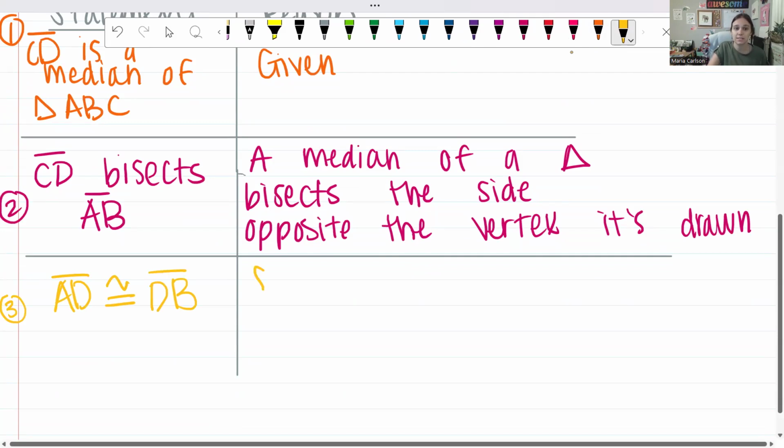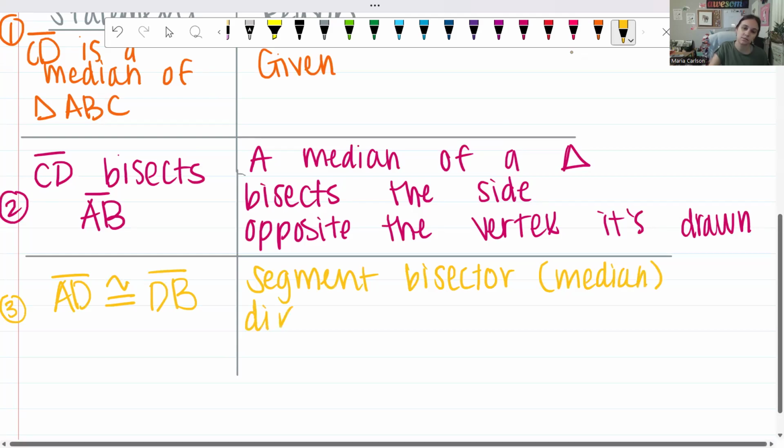And that's just because a segment bisector, like that median, divides a segment into 2 congruent parts.